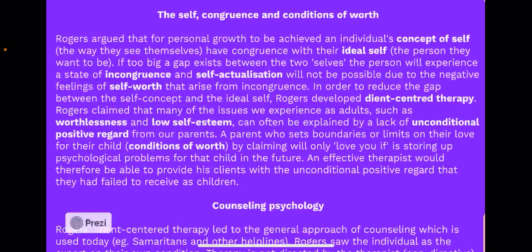If there's too big a gap between the two selves, so if there's a big gap between your concept of self and your ideal self, then you will be in a state of incongruence, and self-actualization will not be possible due to the negative feelings of self-worth that arise from incongruence.